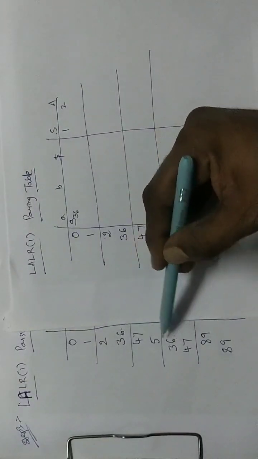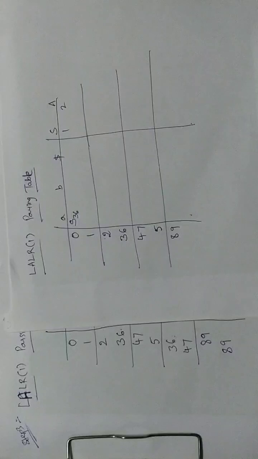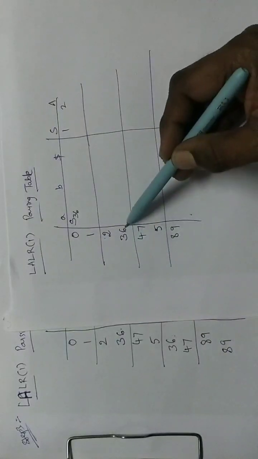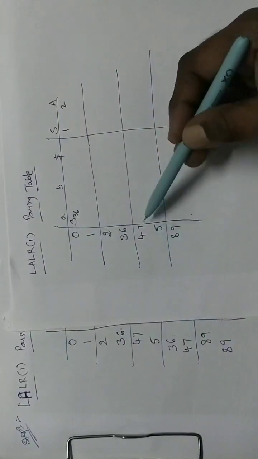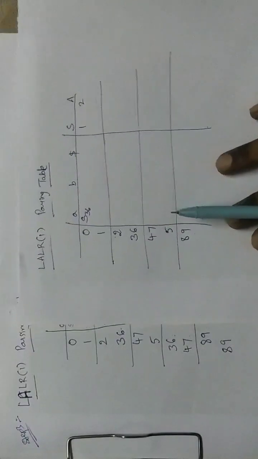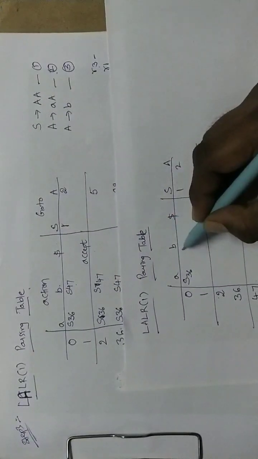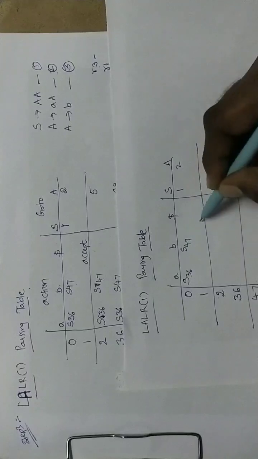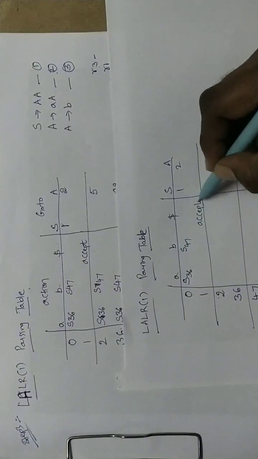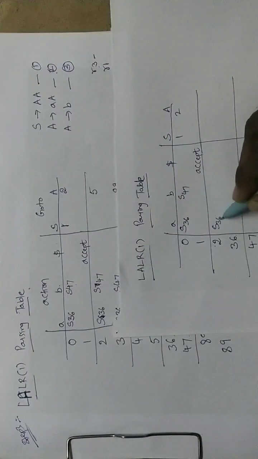As I'm having the same states, that is 36, I make it as a single state here. 47 make it as a single state, and 89 also make it as a single state. Now what about the contents inside this? So this becomes S47, accept.